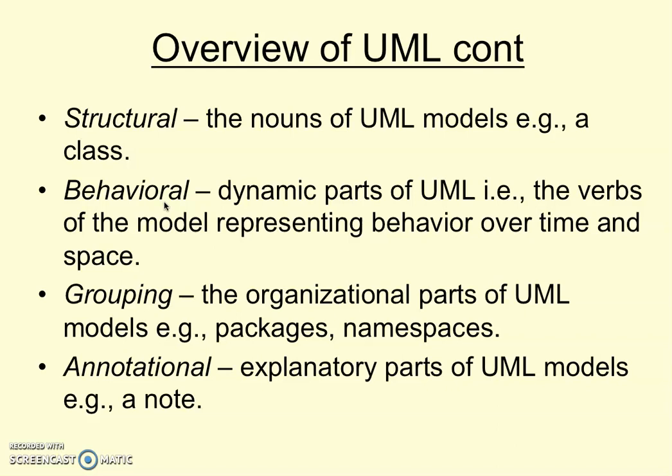There's also grouping. This is basically the organizational part of our models. So these are packages, namespaces, things such as that. Then there's the annotational. These are basically the explanatory parts of UML models, where we are annotating or adding a note or notes to our UML.